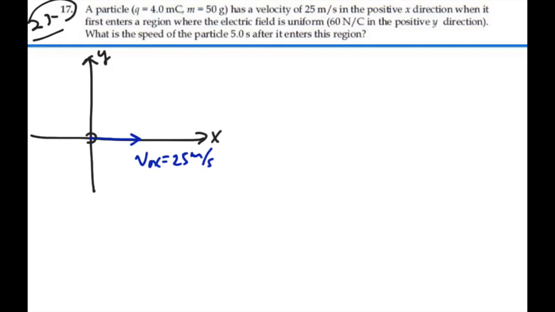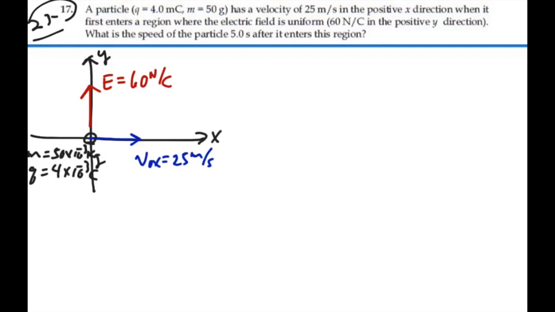We have a particle, mass is 50 grams, and charge is 4 millicoulombs. And we have an E field in the positive y direction, equal to 60 newtons per coulomb.